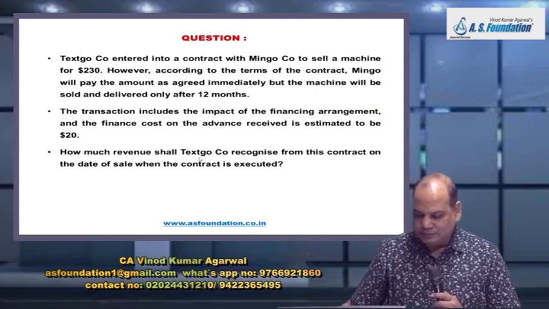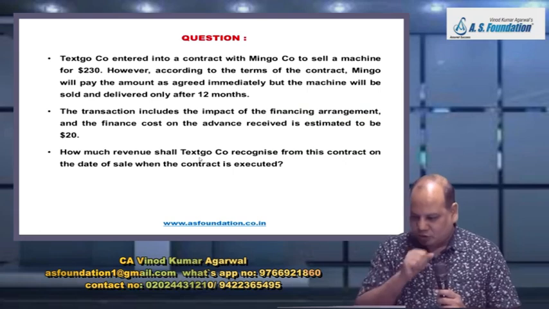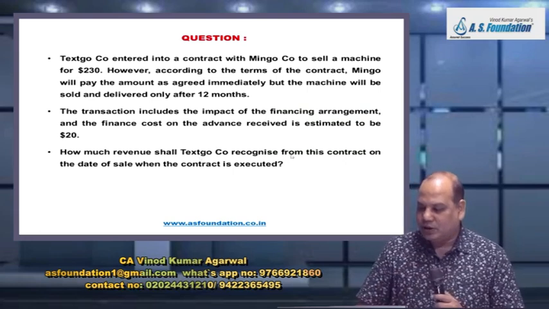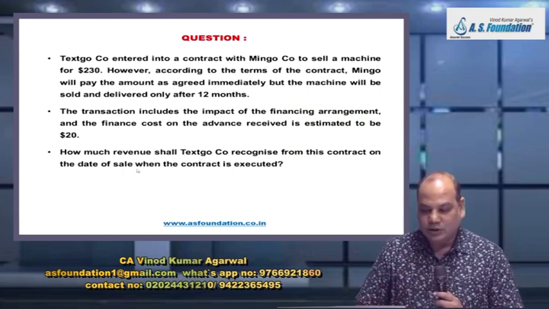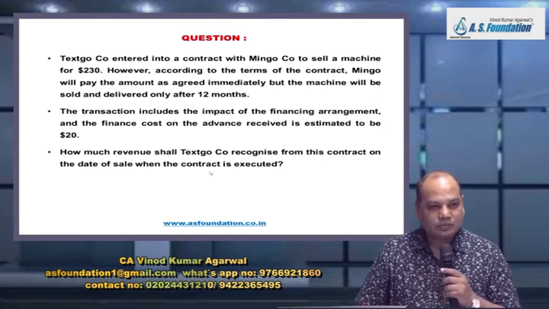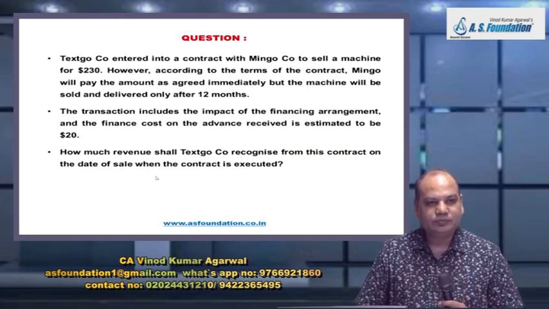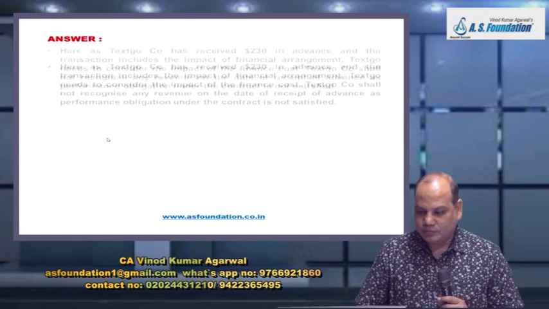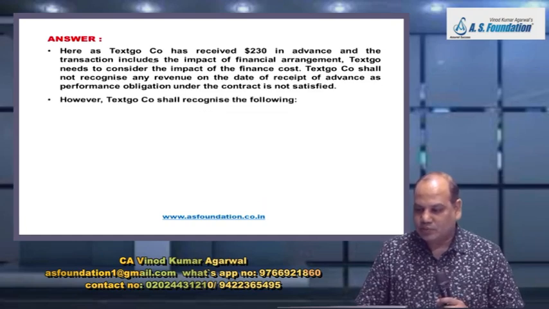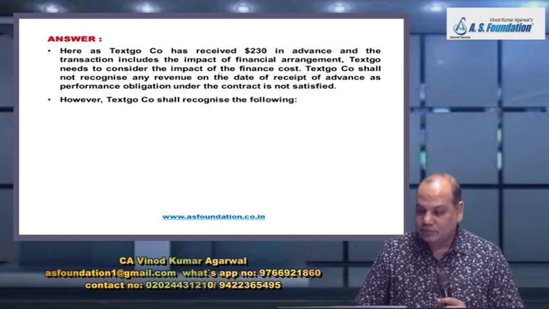How much revenue shall Text Go company recognize from this contract on the date of sale when the contract is executed? How much revenue will you recognize? 230 plus 20, 250. So here the Text Go company has received 230 in advance, and the transaction includes the impact of financing arrangement.